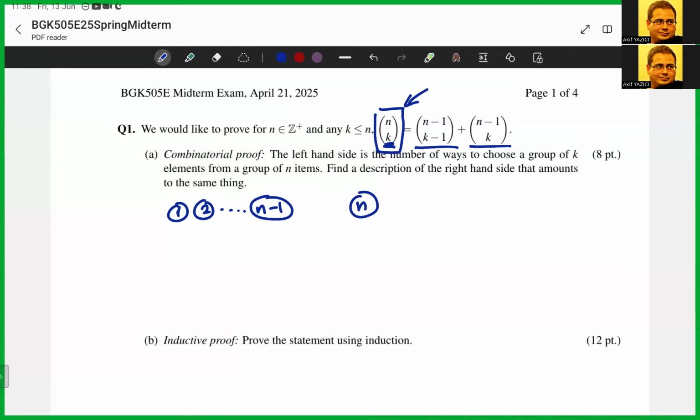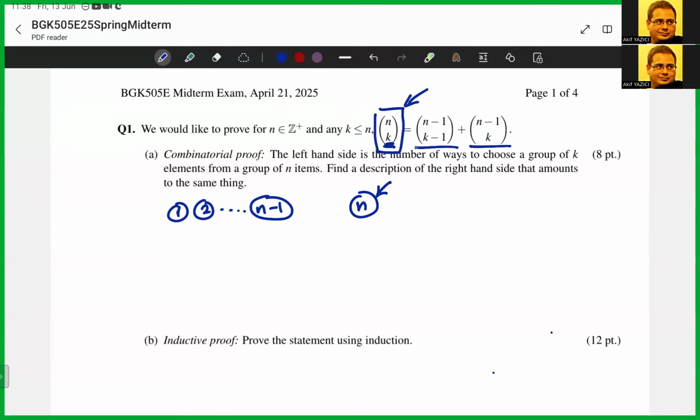In one sort, I have this element n chosen, and in the other sort, I don't have this. So I can do this in two ways. I can include the item n in my group of k, or I can exclude item number n in my group of k.